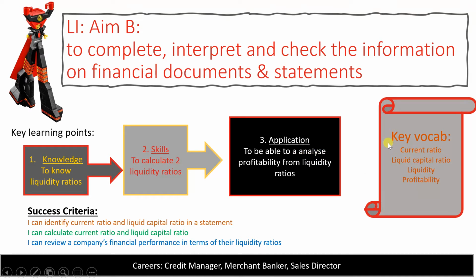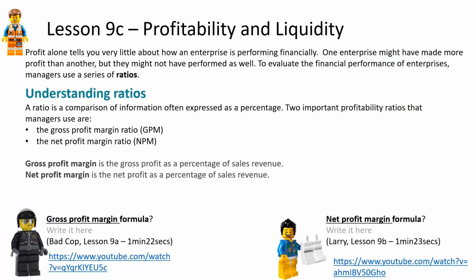So you've got some key vocabulary in the scroll, and the jobs are a little bit different now. We've got some different jobs to think about if you were to go into finance. Profitability and liquidity. It's quite a big topic, so rather than doing it in one great big lesson, it's been cut up into parts.